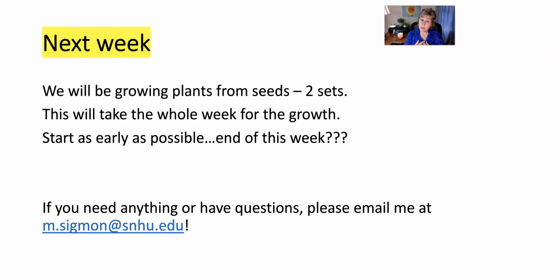So if it were me, I would start at least this Saturday, even though we're still in week 5, and start those seeds to make sure everything goes okay and that you get results. If you grow them for a shorter period of time, you will not get the results. You can't tell the difference between them, and you have to in order to do your counts. So please, please realize that this genetics lab is going to take a solid week of growth because you have 2 sets of seeds. So start early, as early as you can.